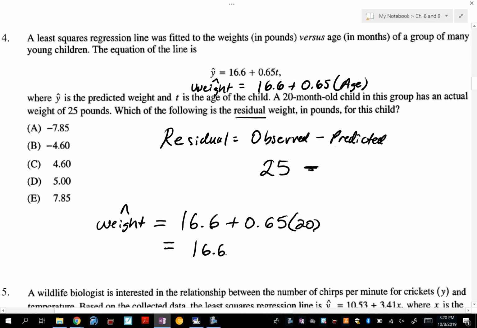So 16.6 plus 13 is 29.6. So you put that in the predicted. And when you subtract that, you get negative 4.6. So 4 is B.